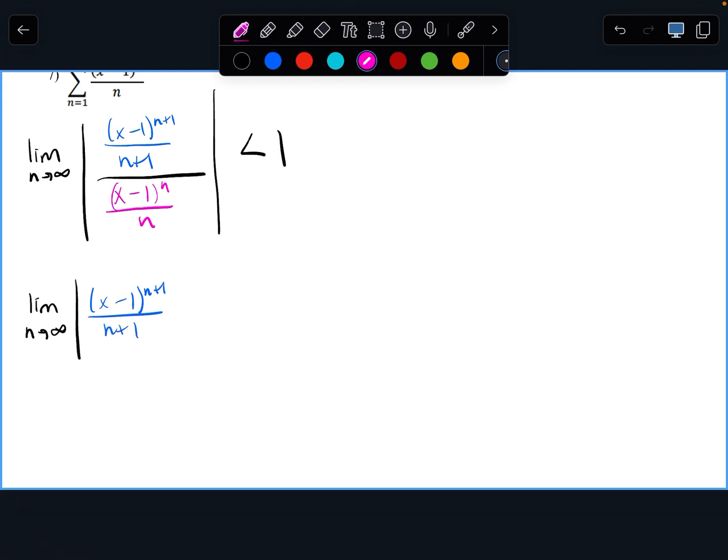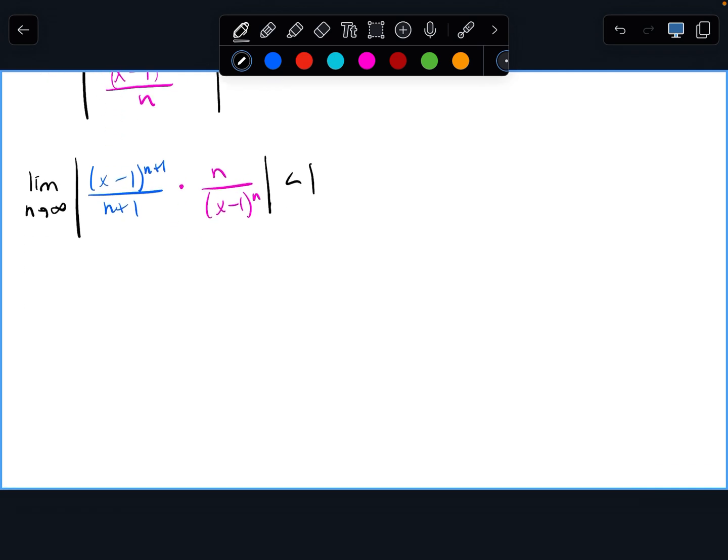Over n plus 1. And then multiply by the reciprocal. Make that less than 1. And then you do all your reducing. So usually I do all my x stuff together and then all my n's together, so I don't do anything goofy like plugging infinity into everything. So I usually put all my n's towards the front. That's just me.